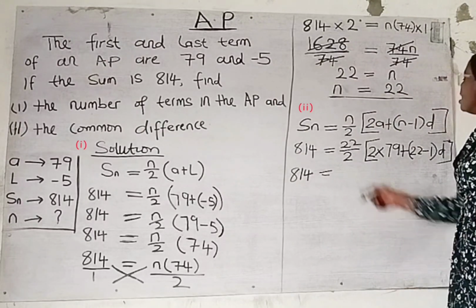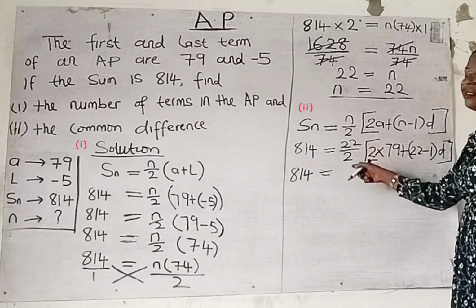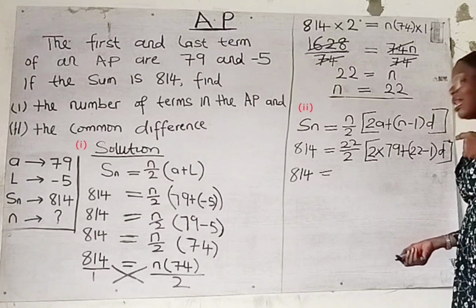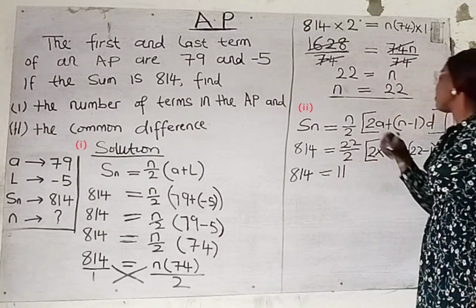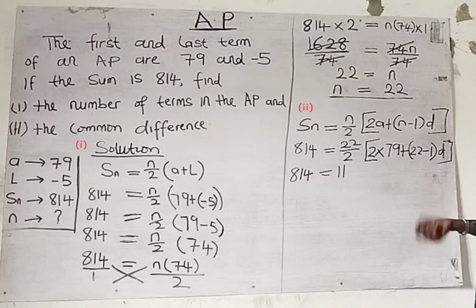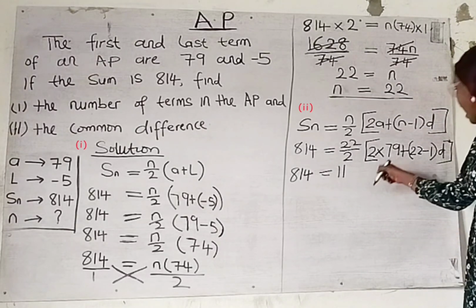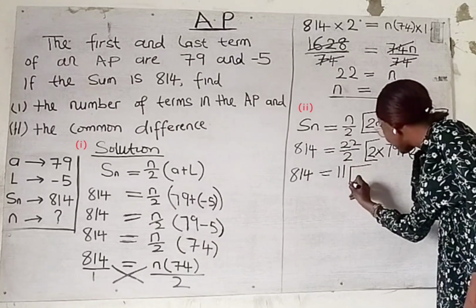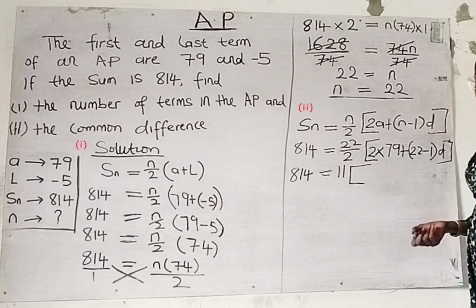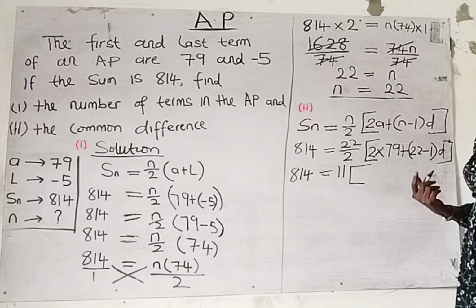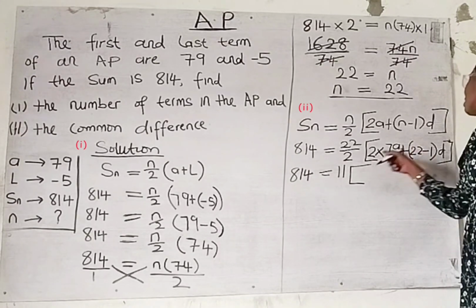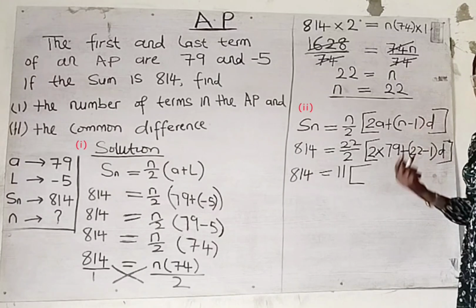I say 22 divided by 2 gives me what? 11. So I put 11 here. I hope you are following. I open this bracket and I say 2 times 79. 2 times 9 gives us 18.